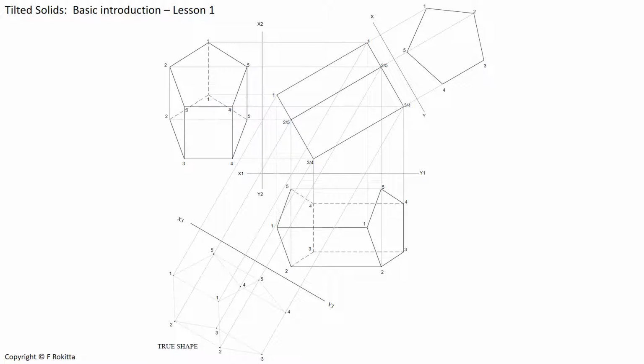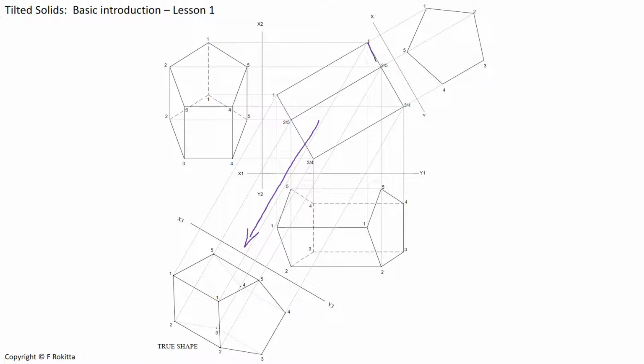Once we have determined this profile, we can determine which parts of our true shape will be solid and which parts of the true shape will be hidden. In order to do this, we need to observe our true shape from the front view in the direction of the x3, y3. And as the rule book describes, we need to look at it at an angle of 90 degrees.